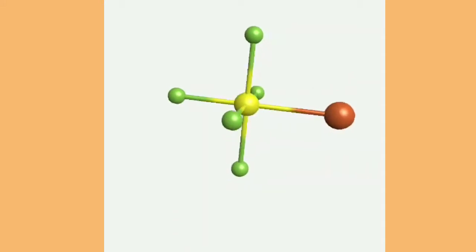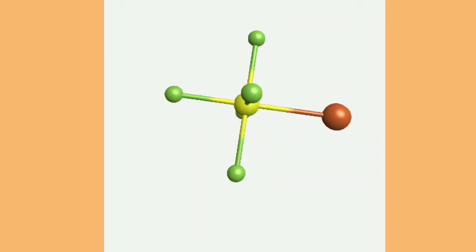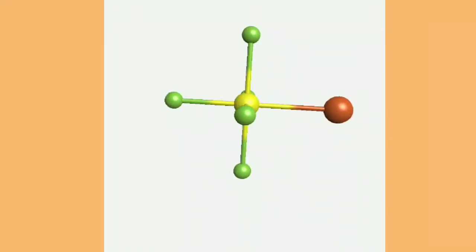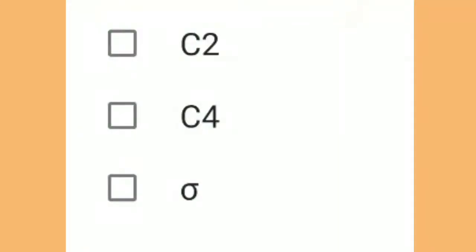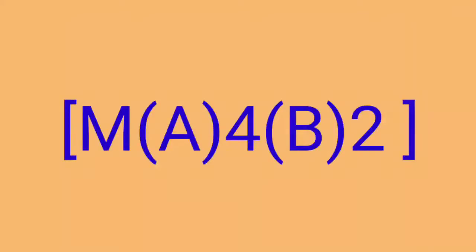If I put this B in place of another A, I get the same configuration. It has C2, C4 and sigma. First I check whether C2 is present or not. C2 means if I rotate the molecule around the C2 axis, it will have 2 times identical configuration.